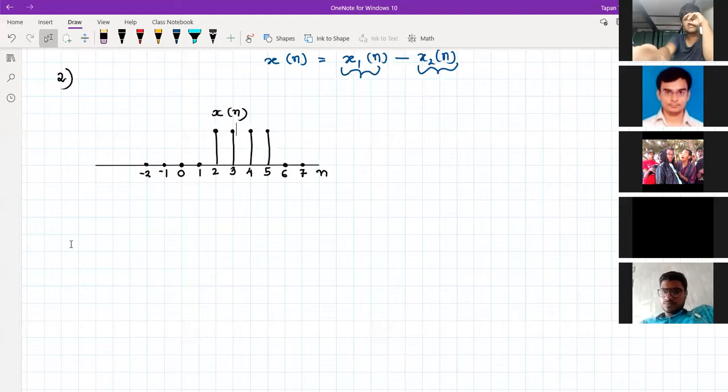The key for solution of such problems is to choose the first function x1 of n.